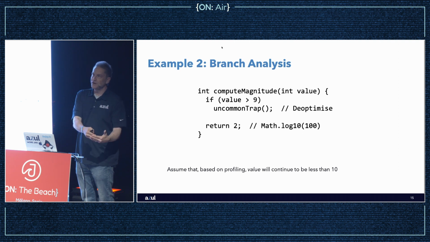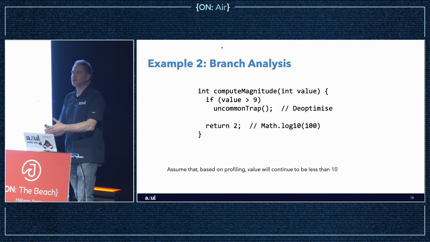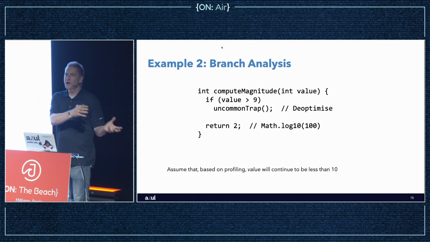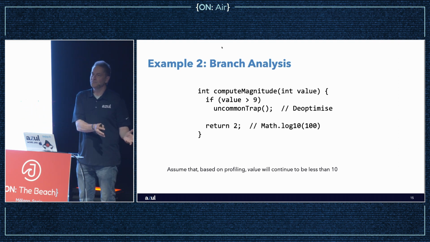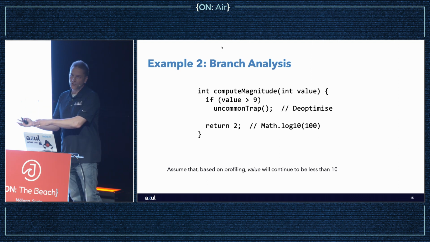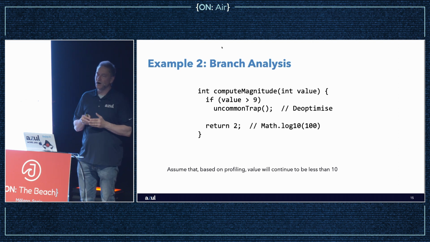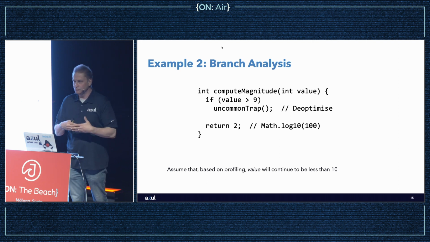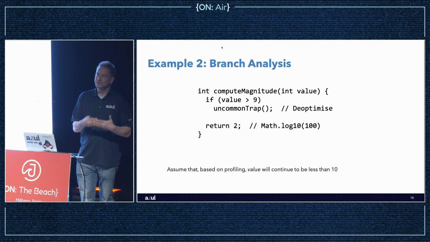If we do get a value greater than 9, that breaks the assumption, and therefore we'd have to throw away the code that we've compiled. This is what we call deoptimization. We've made the assumption, we've compiled code based on that, it turns out our assumption is wrong, so we have to go back and recompile it in order to respect the contract between the developer and the compiler.